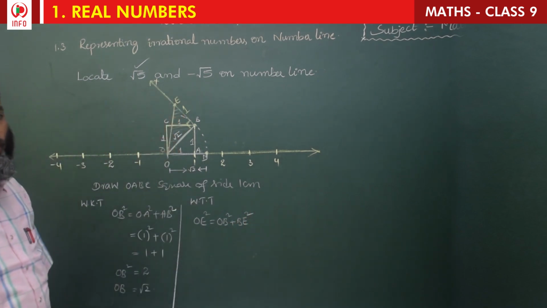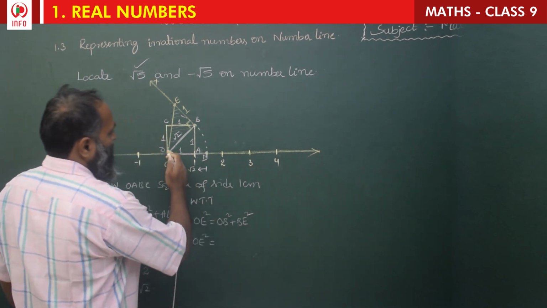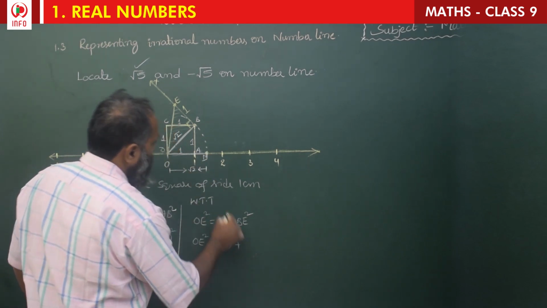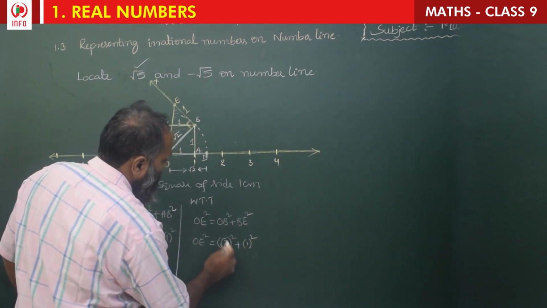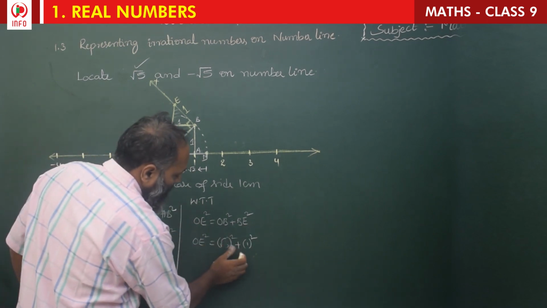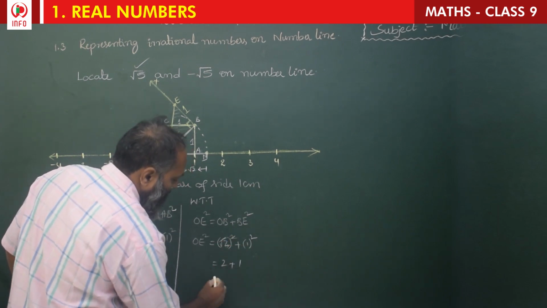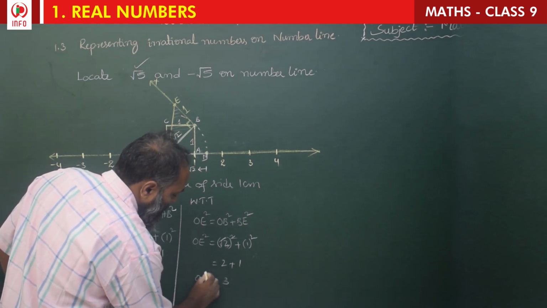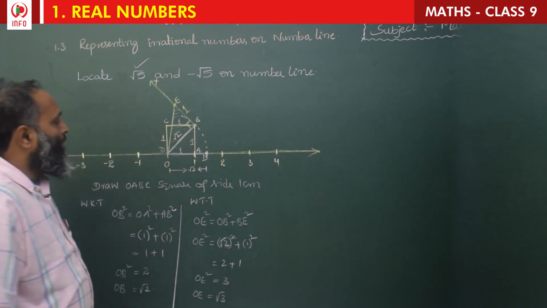OB is root 2 and BE is 1. Root 2 square is 2, the square root gets cancelled. 2 plus 1 square is 1, so 2 plus 1 is 3. OE square is equal to 3. OE is equal to root 3.